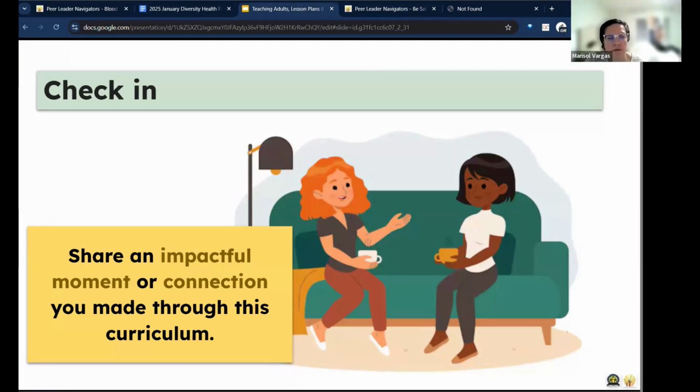Yeah, like I was saying, at the health fair I was at the cancer prevention station, and a woman and a man came in separately, but the man was listening to what I said to the woman.